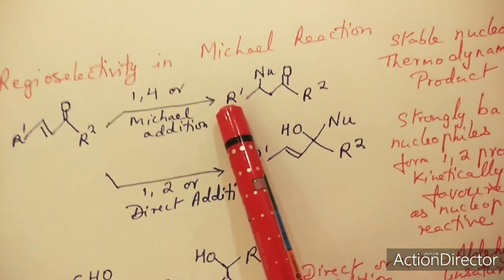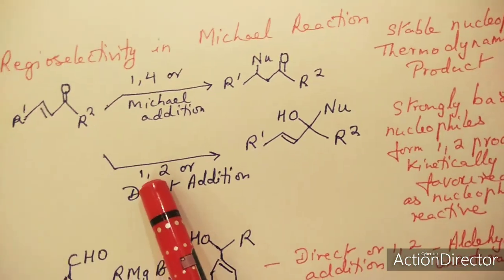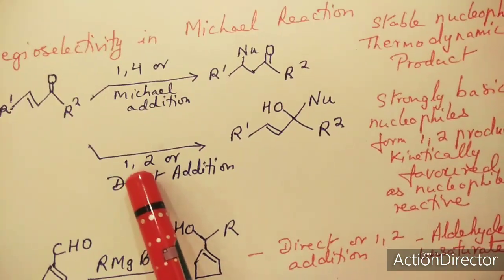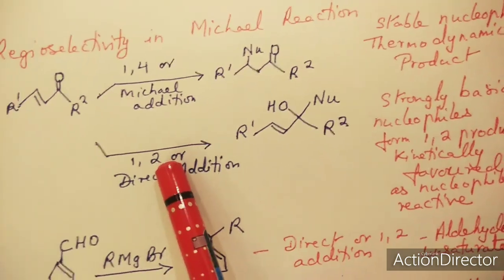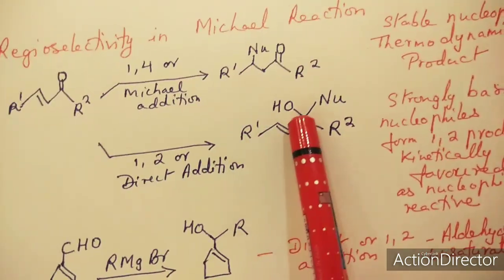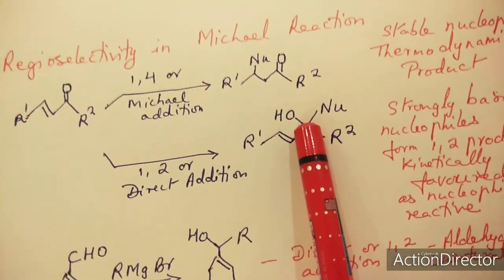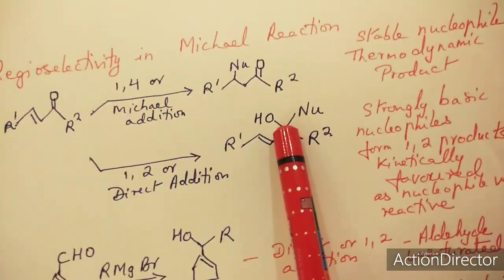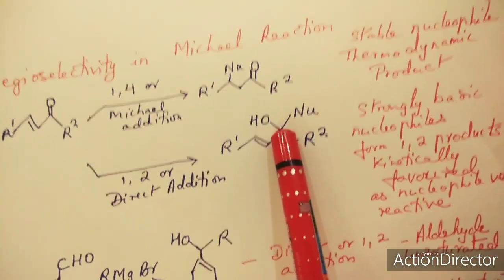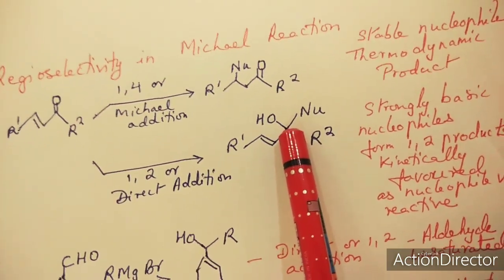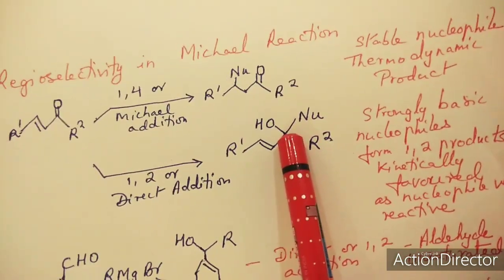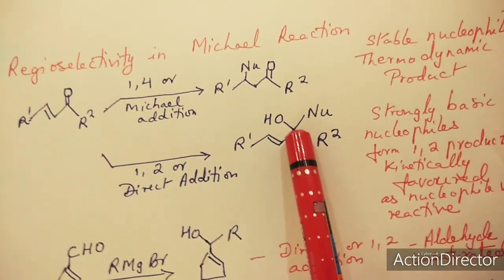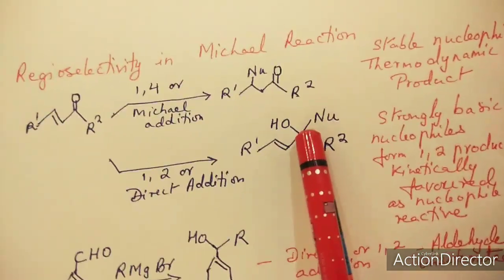This is 1,4 addition. On the other hand, in the same unsaturated ketone, if we have a very strong, strongly basic nucleophile, in that case 1,2 addition will take place. That is, the addition on the carbonyl will take place because our nucleophile is so strong, it is very reactive. So it will kinetically be favored. It will react at once and form the 1,2 or direct product.